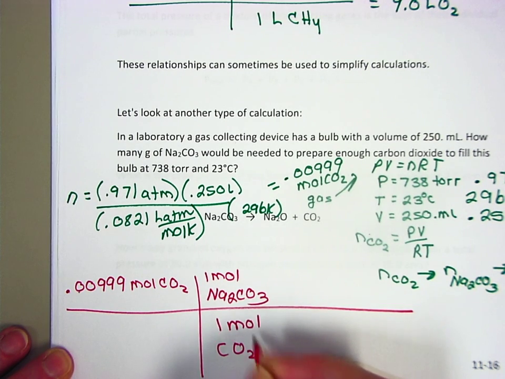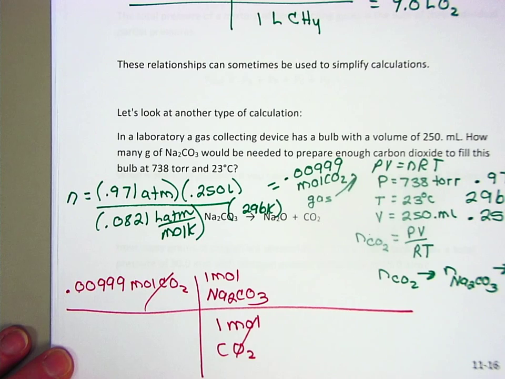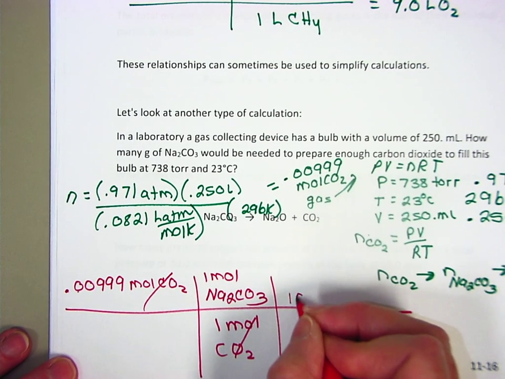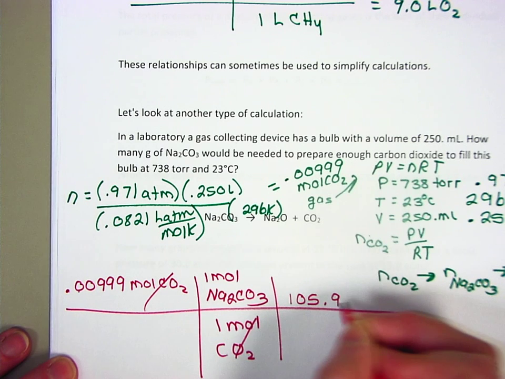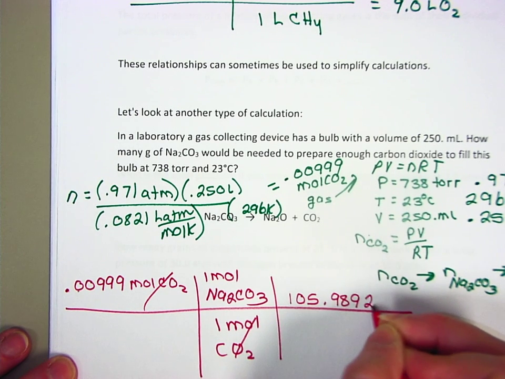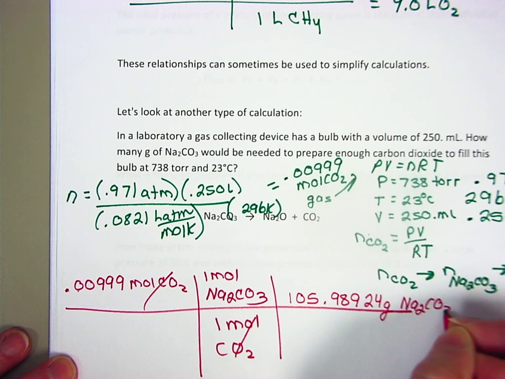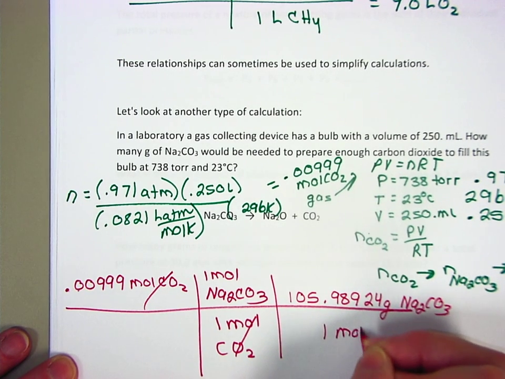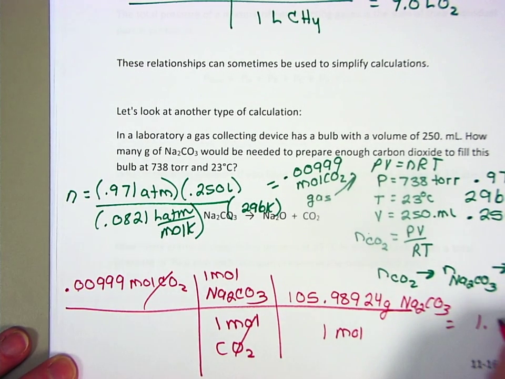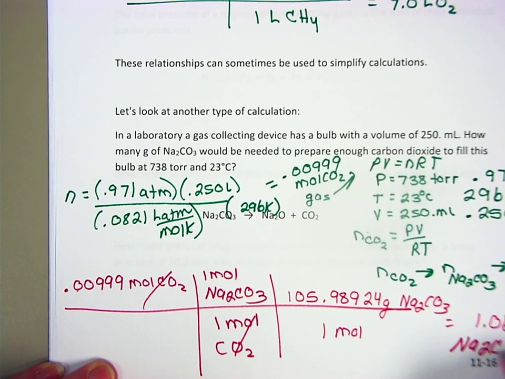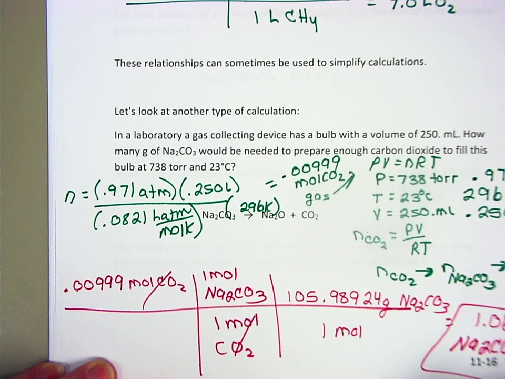So my units of moles of carbon dioxide cancel. And I know that 105.98924 grams of sodium carbonate is 1 mole. So I get 1.06 grams of sodium carbonate. And now I have answered the question, how much sodium carbonate do I need to fill that bulb?